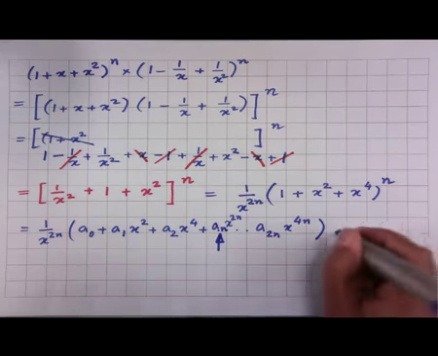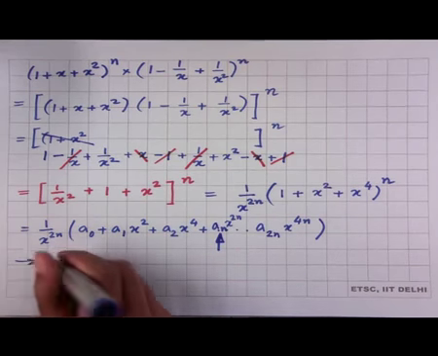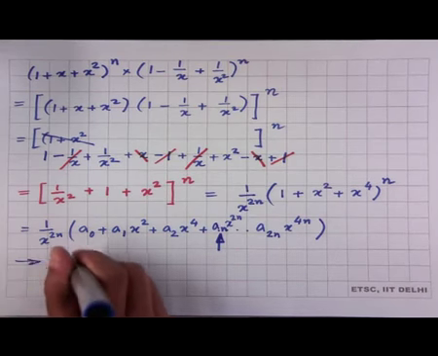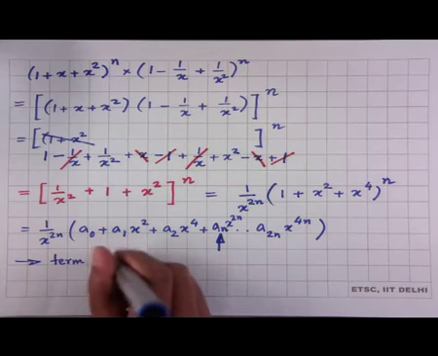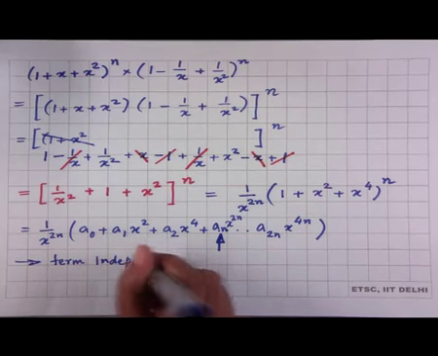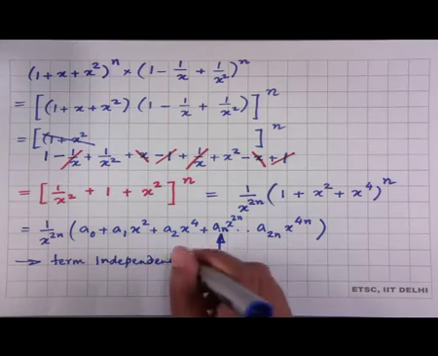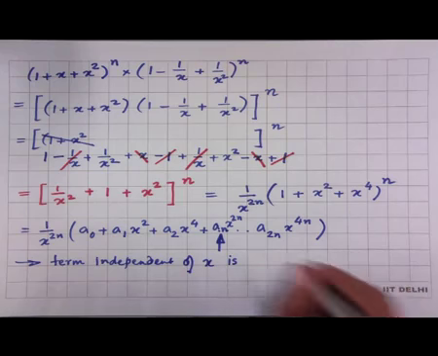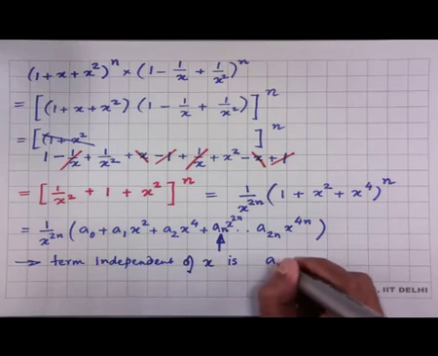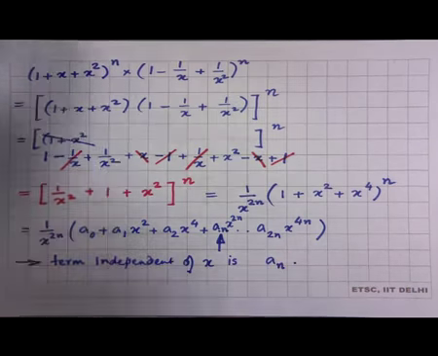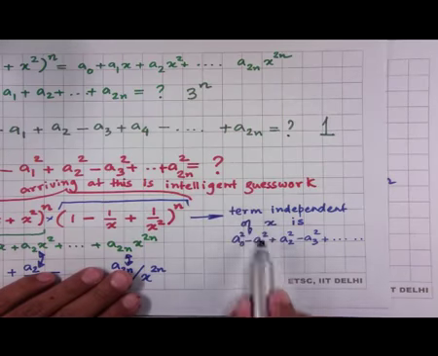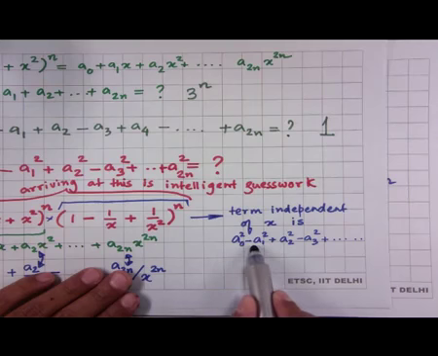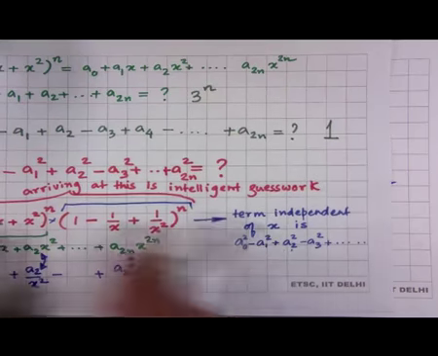Fine. So, the term independent of x is nothing but a n, and my question was, so the term independent of x in this expansion is a naught squared minus a 1 squared plus a 2 squared minus a 3 squared, and I did it in some other way.